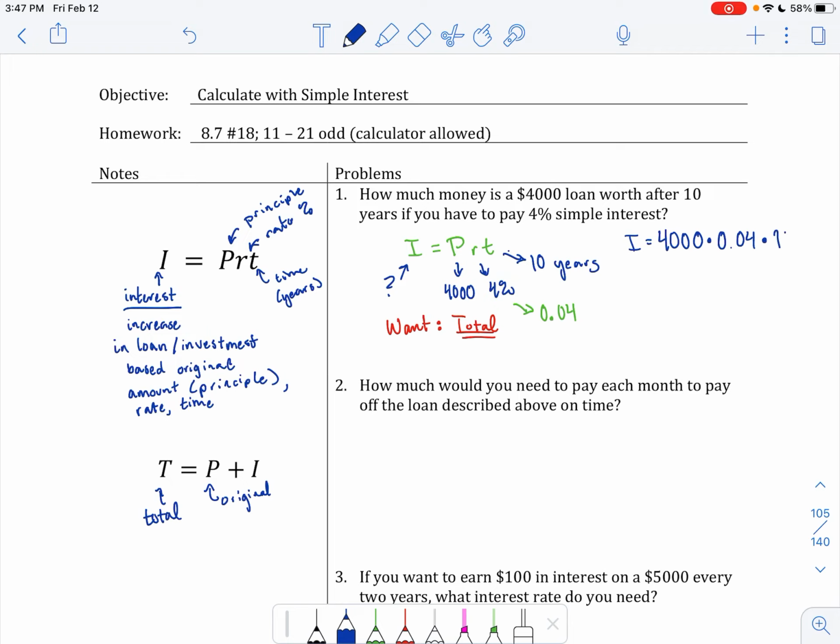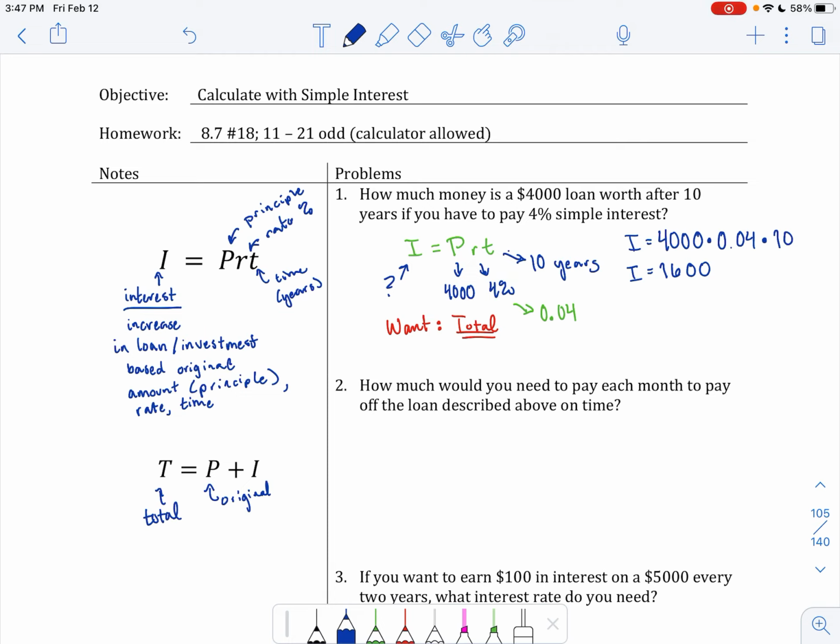And then 10. So from here, as you can see in the notes for the homework, I absolutely encourage you to use a calculator for both of these units. Make sure you're writing down what you're typing into the calculator so I know that you're using the numbers in the problem and the formula correctly. So when we type that into our calculator, we end up with $1,600 as the interest on that loan.